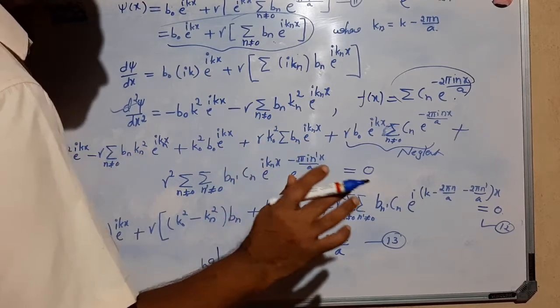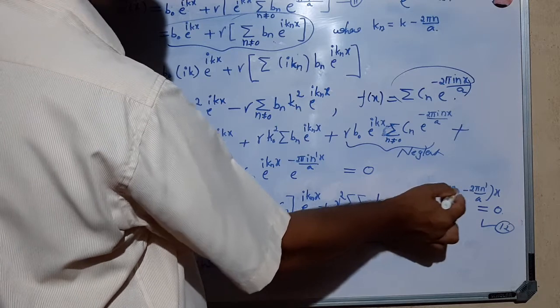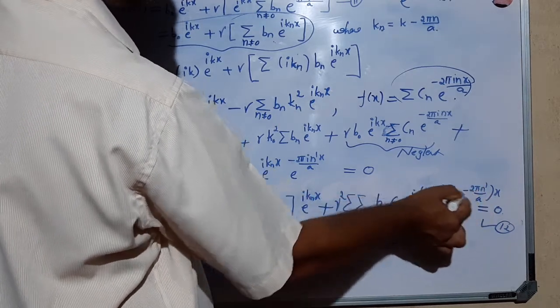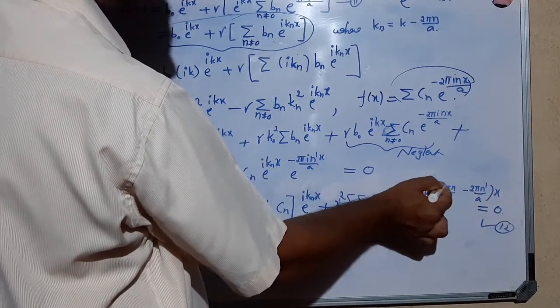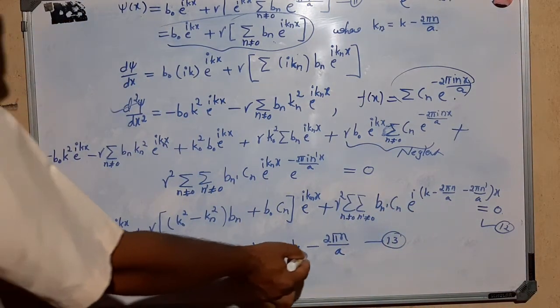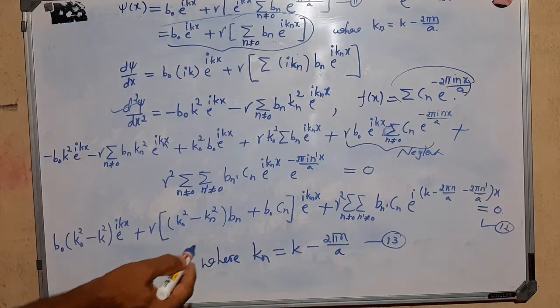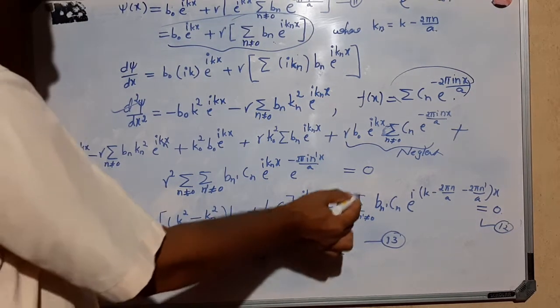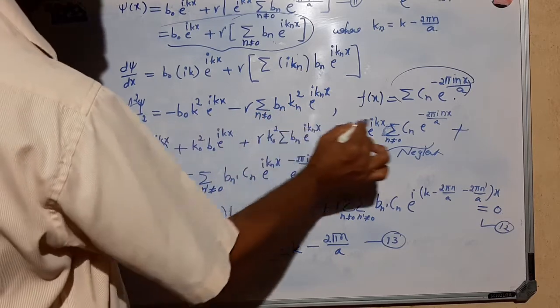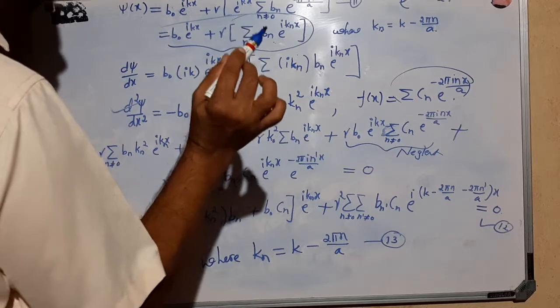Then here kn, minus 2 pi n dash by a, is replaced by k minus 2 pi n by a. So remember, that is equation number 13. Have you understood? Remember, you try to substitute all the values.